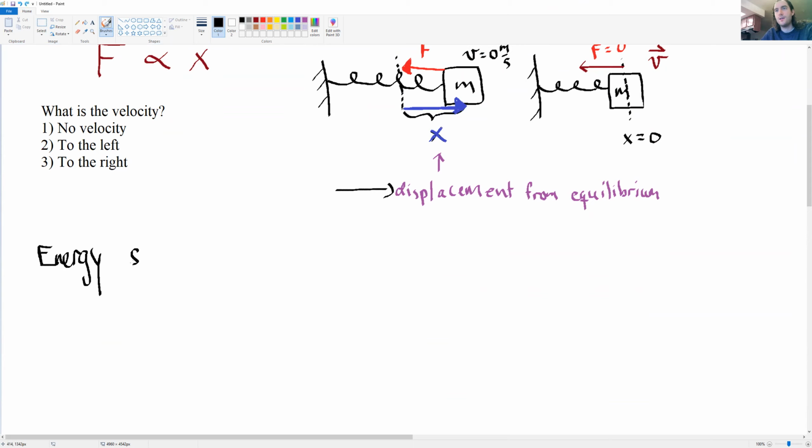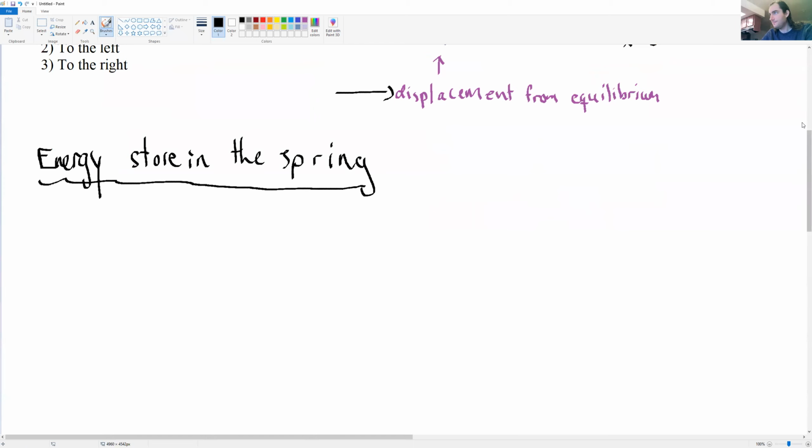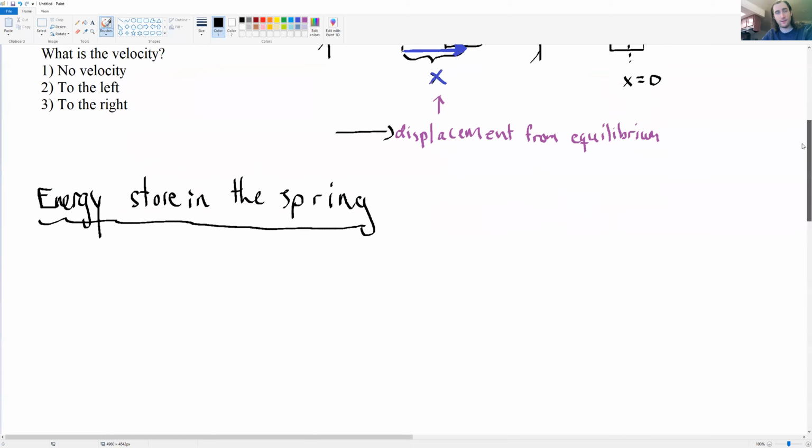Let's say energy stored in the spring. Does anybody remember how to figure out the energy stored in a spring? Anybody remember kind of like the thought process on that? Anybody can speak up, or maybe you can say something in chat.